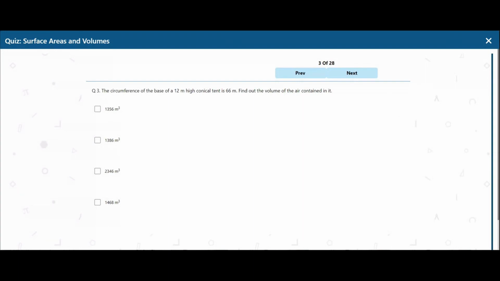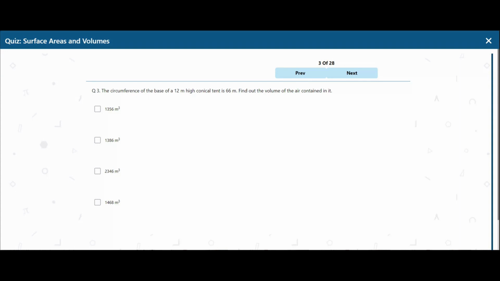First find the radius. 2 pi r equal to 66. R equal to 66 by 2 pi. H is 12. How much you got? What is the radius? 11.5. 10.5.